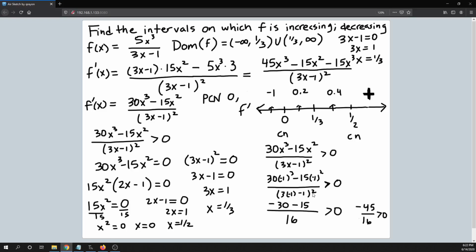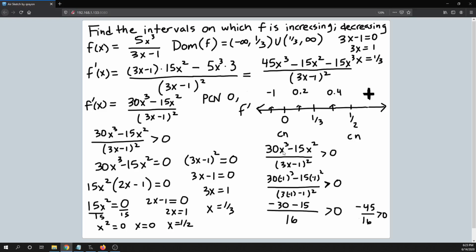And so that means that negative 1 over here is not a solution of this inequality, because a negative number is not greater than 0. So this is false. That means that negative 1 is not a solution to this inequality. Because it's all or nothing on each one of these pieces, that means that no number to the left of 0 is a solution to this inequality.